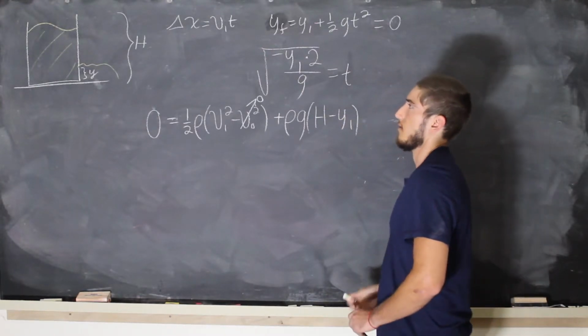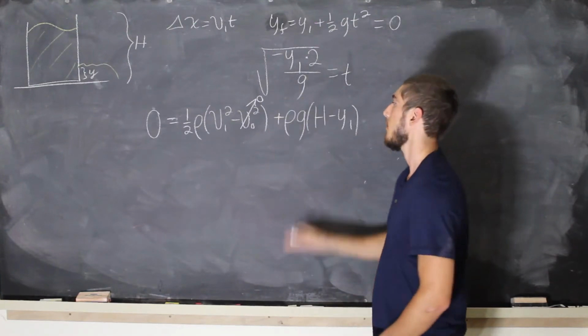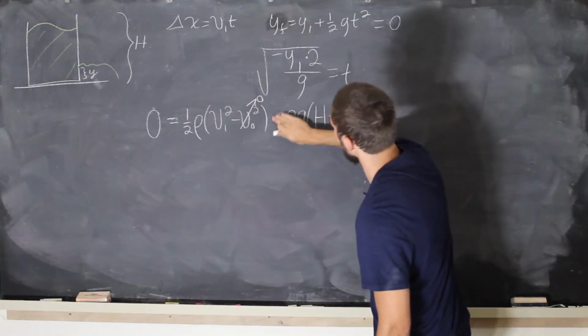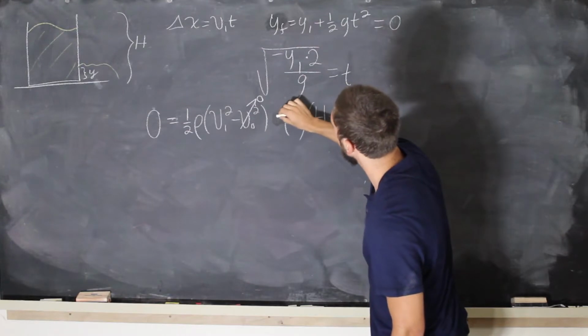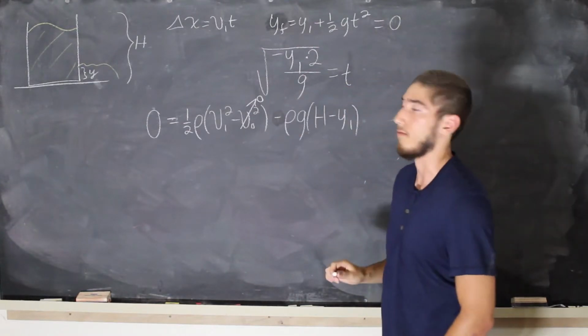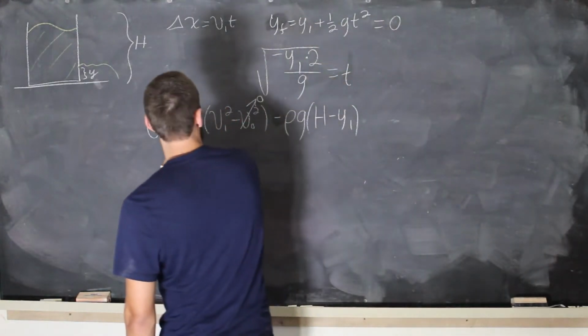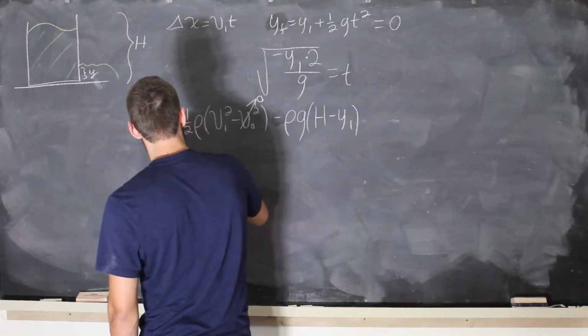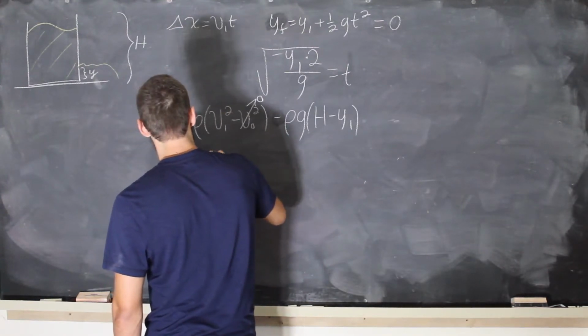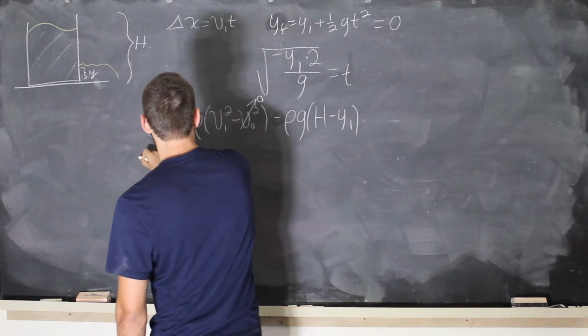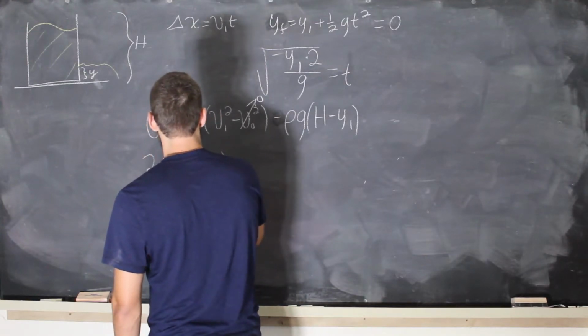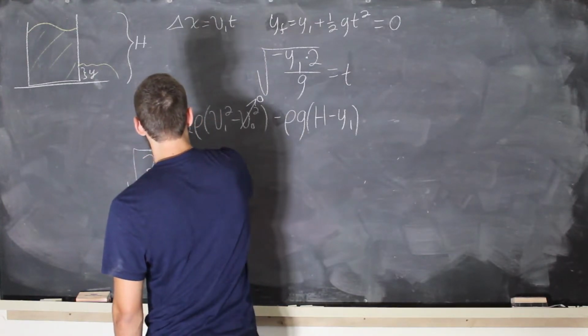And actually, since we do measure from top to bottom, this is going to be negative, so I'm just going to put a minus sign right now. And now I'm going to solve for v initial, and it's going to be equal to rho g h minus y initial times 2 over rho, squared.